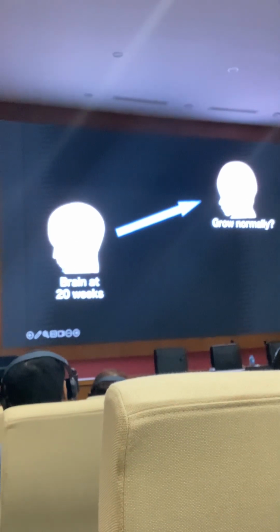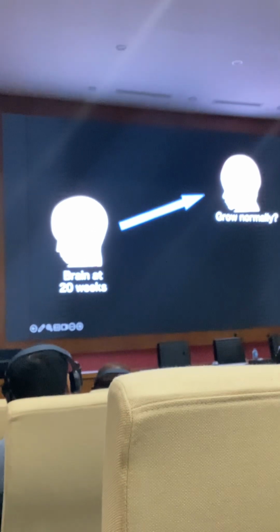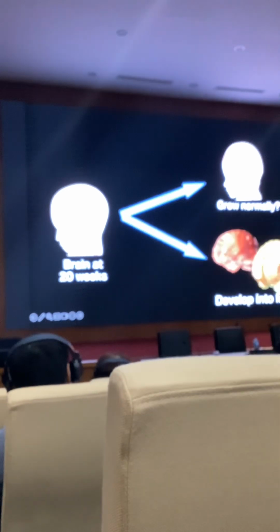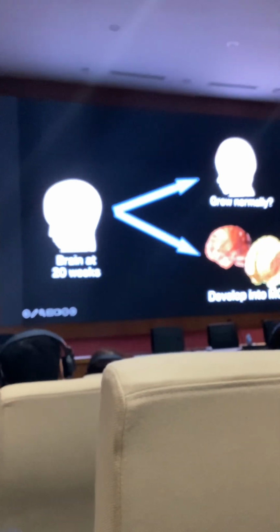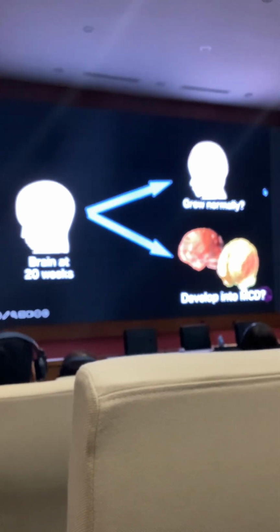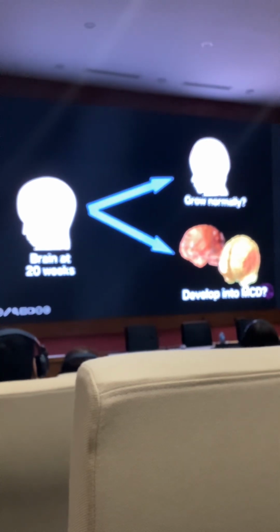The surface is very smooth at 20 weeks of gestation. Can you tell whether this brain is growing normally, or developing into MCD? It is quite a big and challenging question for me.